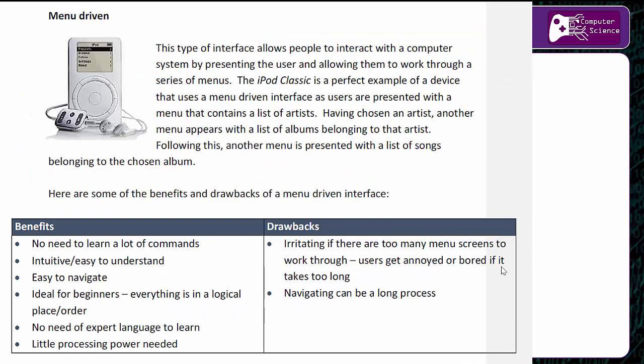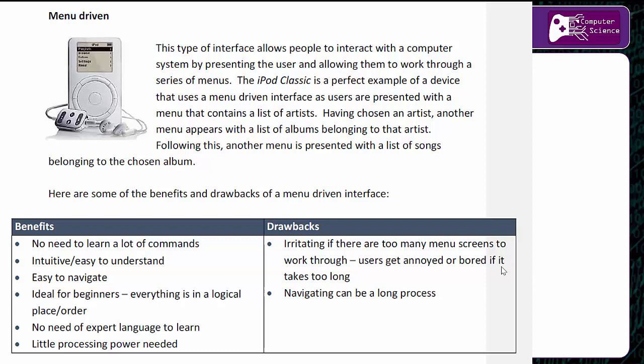So another type of operating system interface is a menu-driven interface, and this allows you to interact with the computer through a series of menus. Now you can see a picture of an iPod there, which is probably before your time, but you will also see them potentially in cars. So you might have a menu system in some cars where you haven't got a big touchscreen display, where you can select a series of different menus and you can get into different settings.